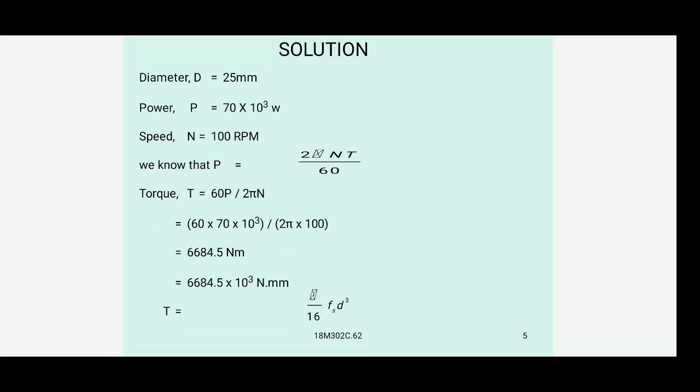That is 6684.5 into 10 to the power of 3 Newton mm. The torque T is equal to 5 by 16 Fs into D cube.